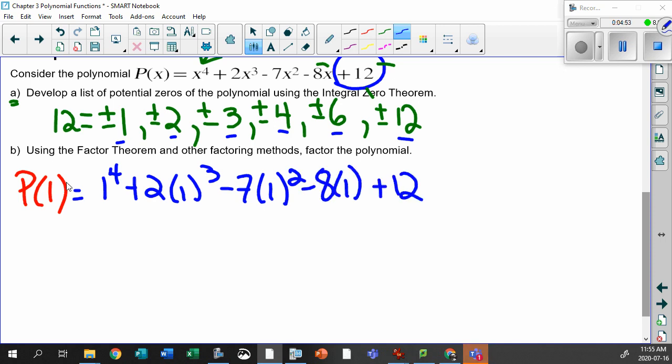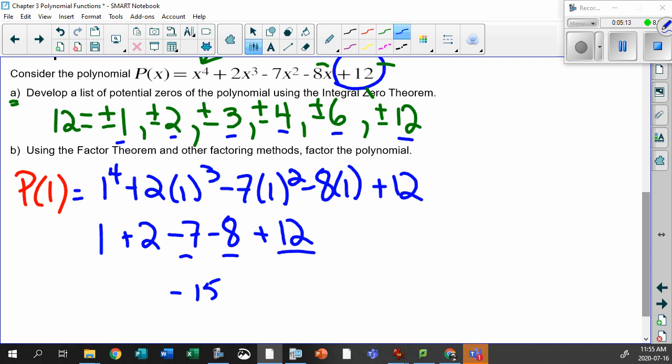Got it? Okay. 1 to the power of 4 is 1. 1 cubed is 1, times 2 is 2. 1 squared is 1, minus 7. Look how easy this is. Minus 8 plus 12. Minus 7 minus 8 is of course minus 15. Then 12, 2, 14, 15. Plus 15.